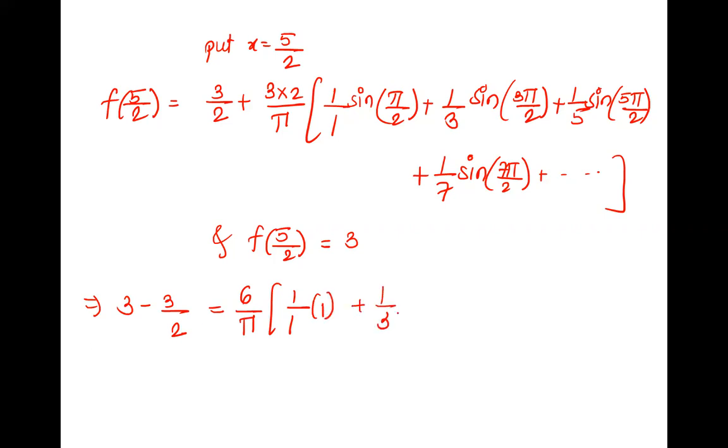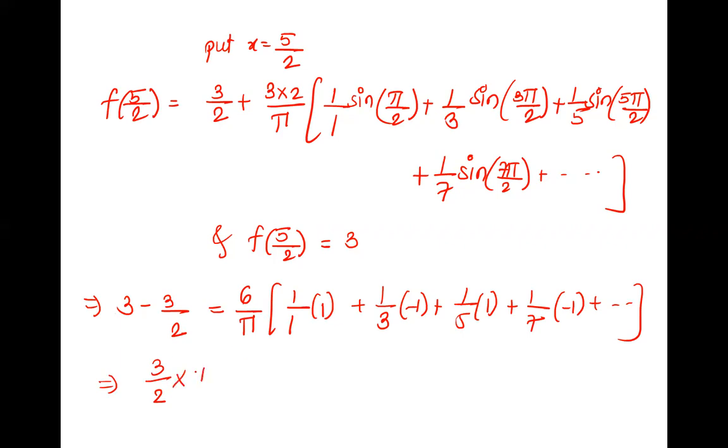Plus 1 by 3. Sine 3 pi by 2? Minus. Right. 1 by 5? 1. 1 by 7? Minus 1. Plus and so on. Okay, so 3 minus 3 by 2? 3 into 2, 6. 6 minus 3, 3. 3 by 2. Correct? Yes.